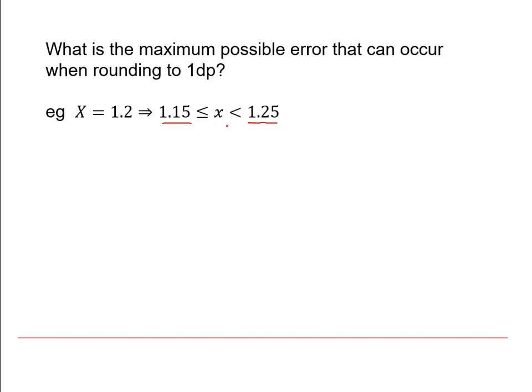So in the worst case scenario, if the exact value, the little x, was at either extremity of the interval, then there'd be a discrepancy of 0.05, so that would be the maximum possible error.